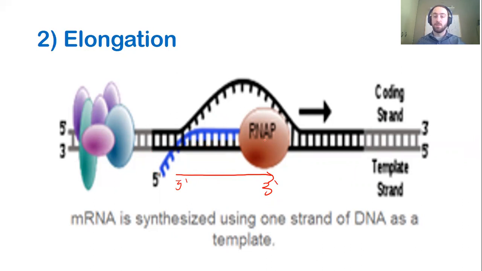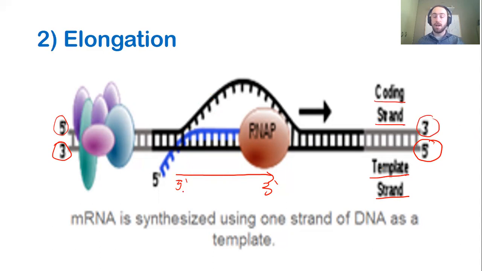So if RNA polymerase is forming RNA in the 5' to 3' direction, which strand is it going to be attached to? Well, it's going to be attached to the 3' to 5' strand, and this strand is called the template strand. Conversely, the other strand of DNA is 5' to 3', and it's called the coding strand.